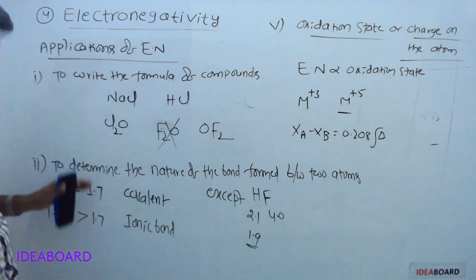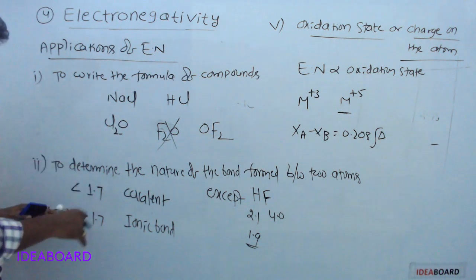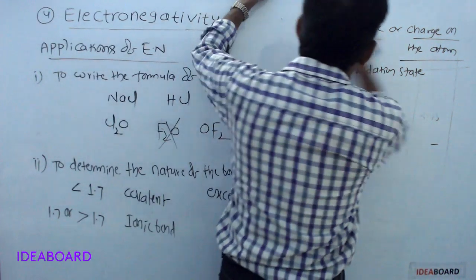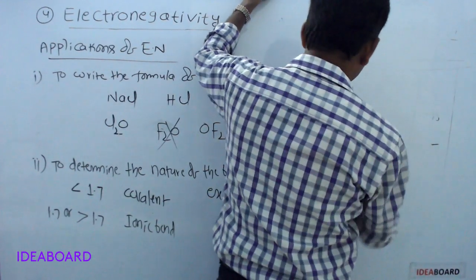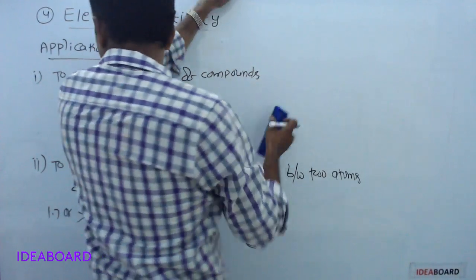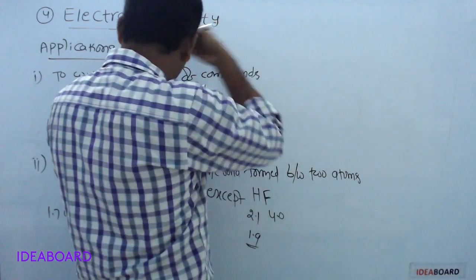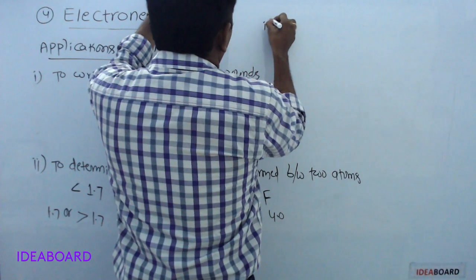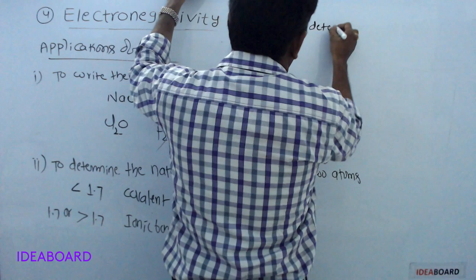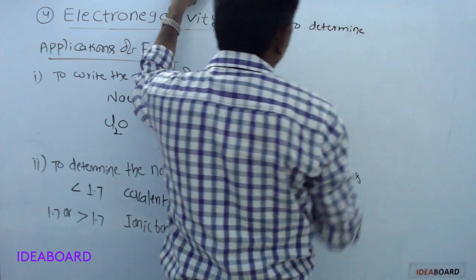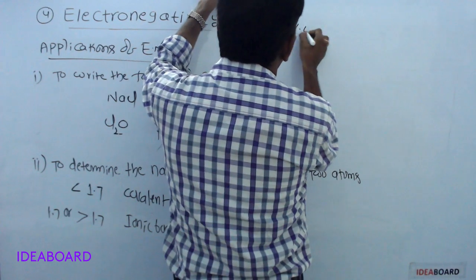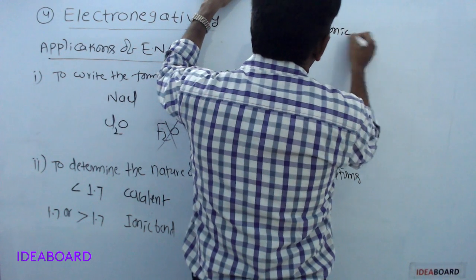In general, if the difference is 1.7 or greater than 1.7, then ionic bonds. Next one: percentage of ionic character.